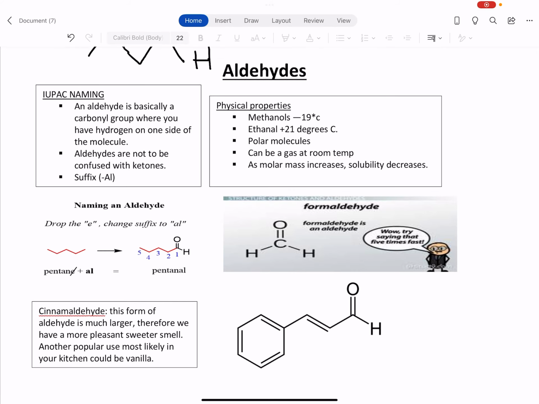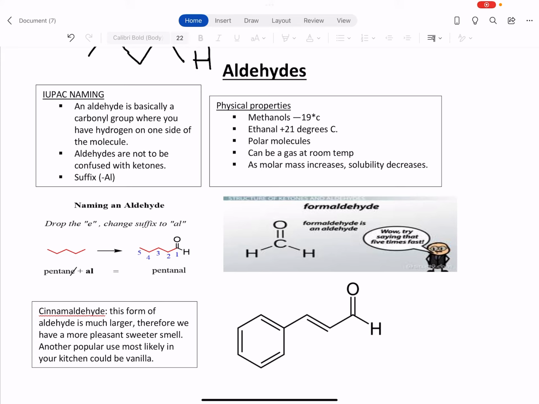Another physical property is they can be a gas at room temperature. The polarity of the carbonyl group strongly affects the physical properties of aldehydes. For example, acetaldehyde boils at room temperature, and a very popular gas, like I said, formaldehyde is a gas under the same condition. They're polar molecules.